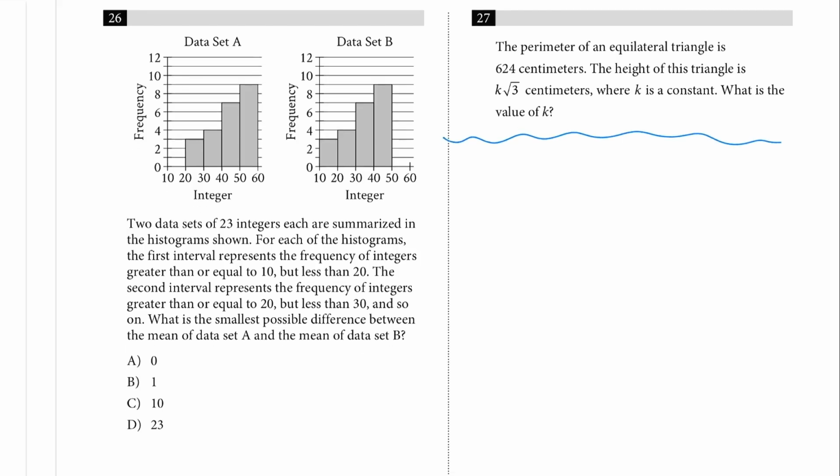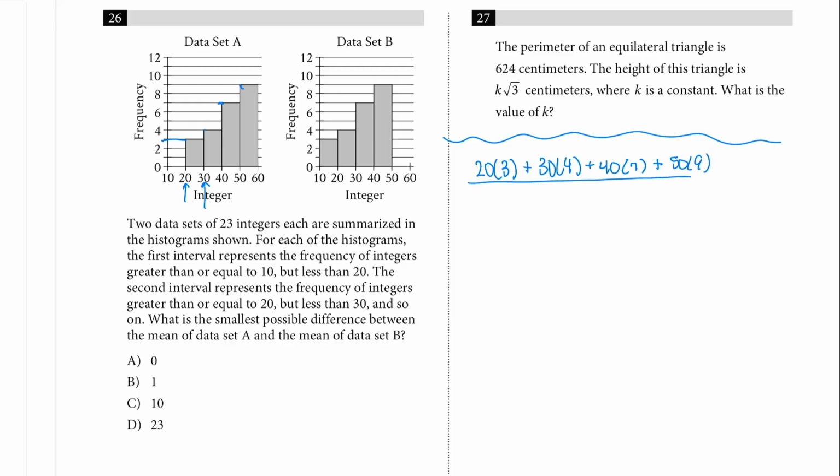So we have the smallest possible mean of data set A is going to be 20 times 3 plus 30 times 4 plus 40 times 7 plus 50 times 9.